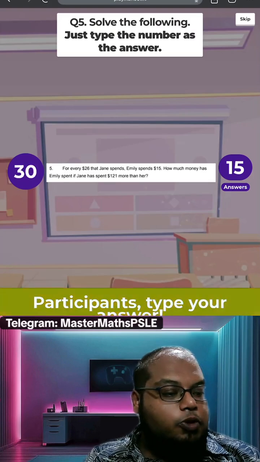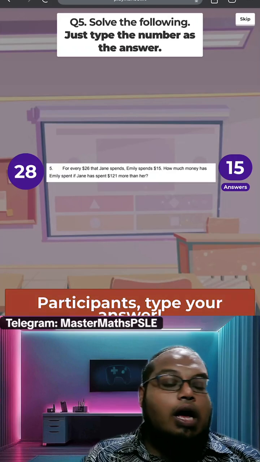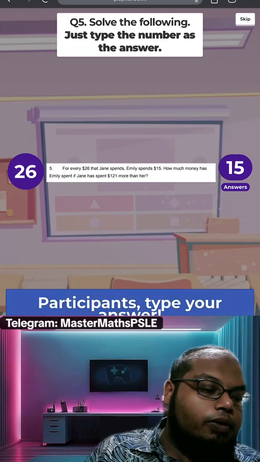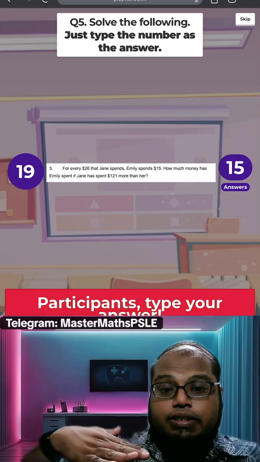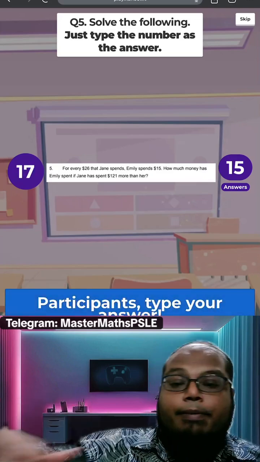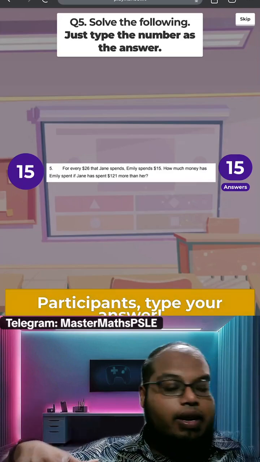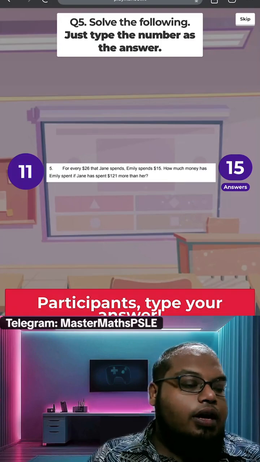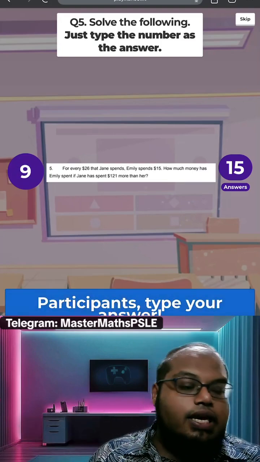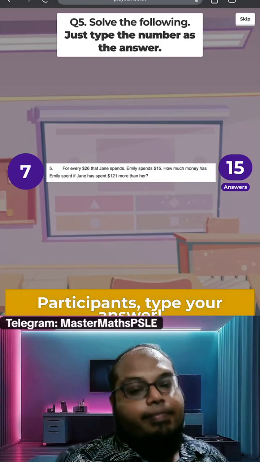At the same time, they also give you the difference in a single set, like every time Jane spends 26, Emily will spend 15. So it's the difference in the amount per set and the difference in the total amount. Based on the difference, you can find how many of that set Jane or Emily has.